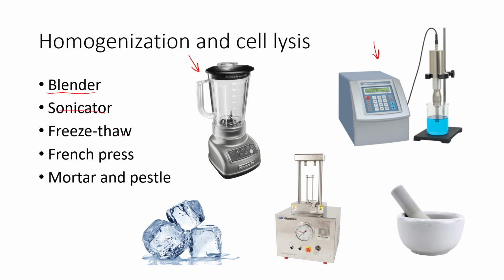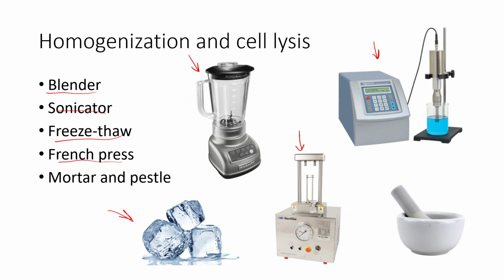After that, we have the freeze-thaw method. Freezing and thawing is a very straightforward way to break open cells. You go through multiple cycles of freezing and thawing, and the formation of ice crystals and going back and forth between ice and liquid water essentially bursts cell membranes and cell walls open. The next option is a French press, which is drawn over here.